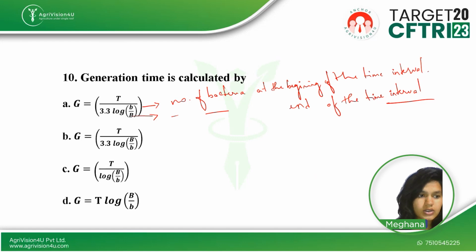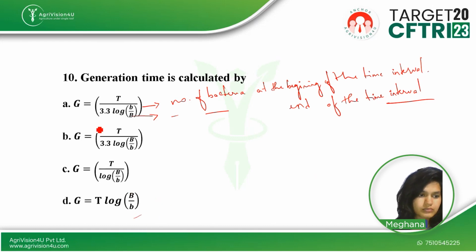The second option is G is equal to T by 3.3 log capital B by B, option C is G is equal to capital T by log of capital B by B, and option D is G is equal to T log of capital B by small b.